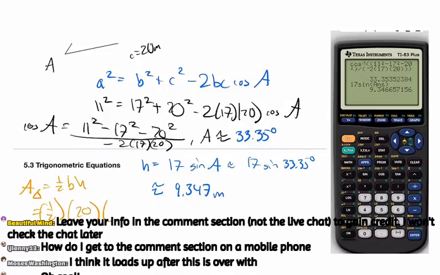So that's going to be approximately 1/2 times 20 times that answer. Our claim is that the area of the triangle is approximately 93.47 meters squared.